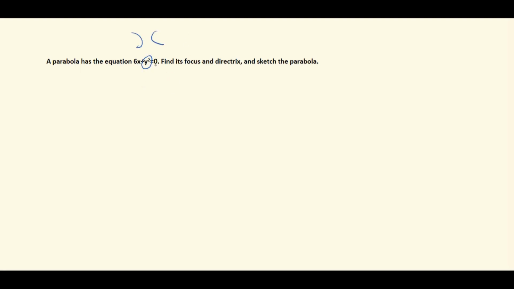So let's go ahead and get it into its general form, which is y squared is equal to 4px. So we have the equation 6x plus y squared is equal to 0. We're going to subtract 6x from both sides, giving us y squared is equal to negative 6x.